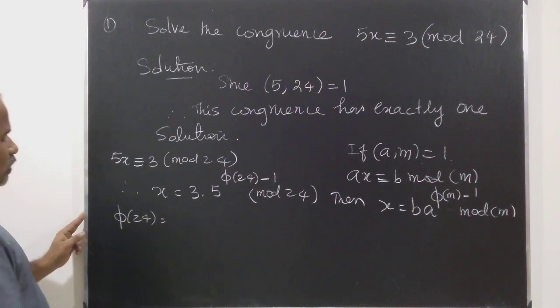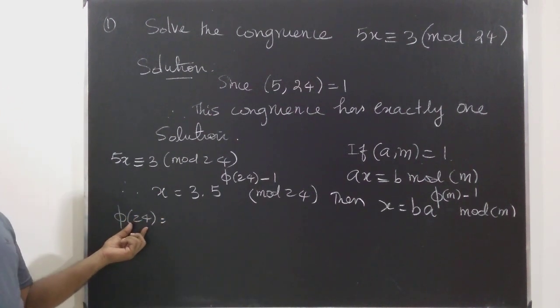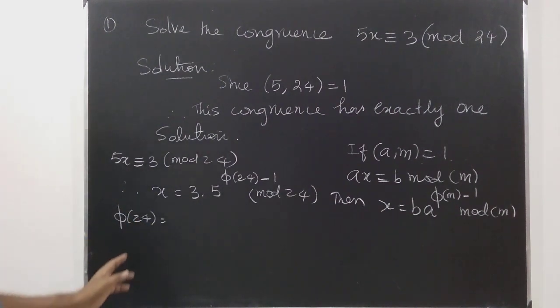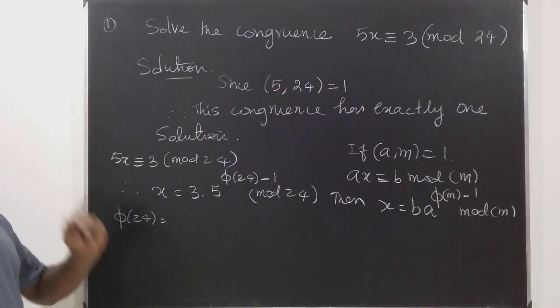Phi(24) is the number of integers not exceeding 24 which are relatively prime to 24.